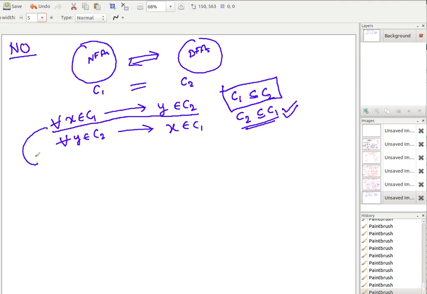So this statement, if I am writing, I will be writing that for every NFA there exists an equivalent DFA.